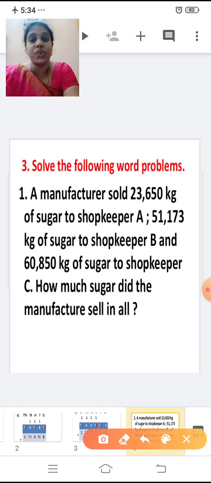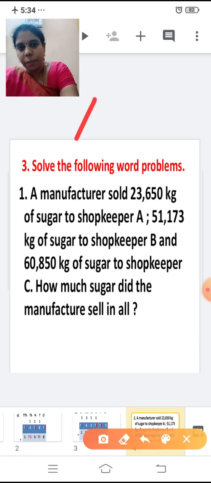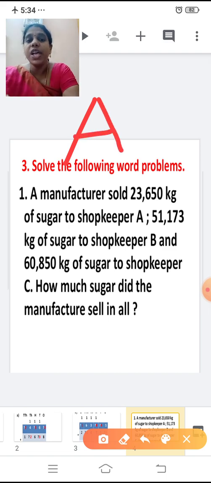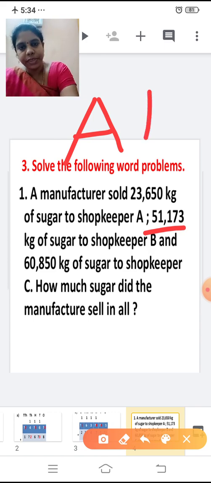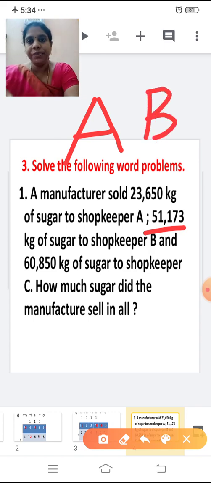Then 51,173 kg of sugar to shopkeeper B. Right.